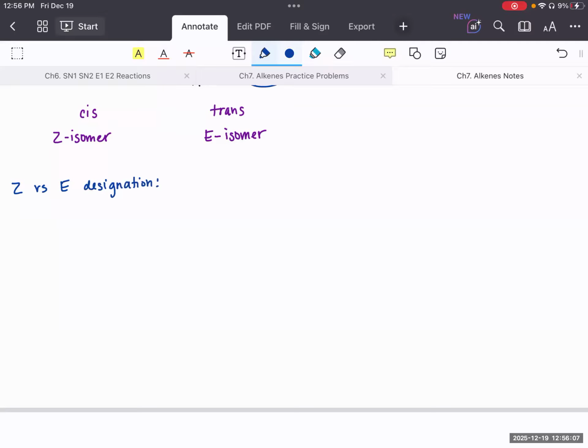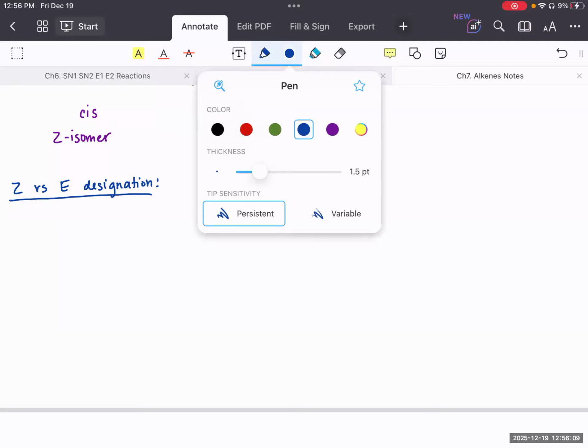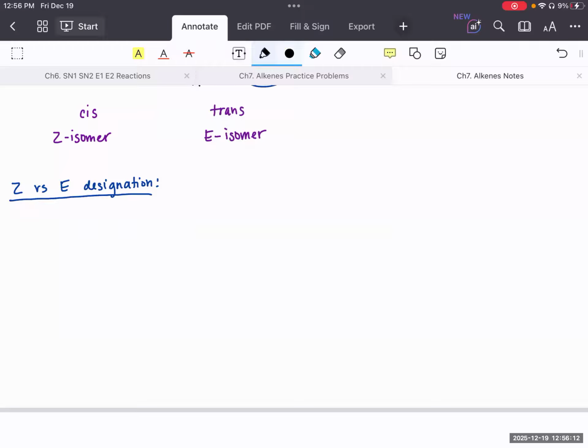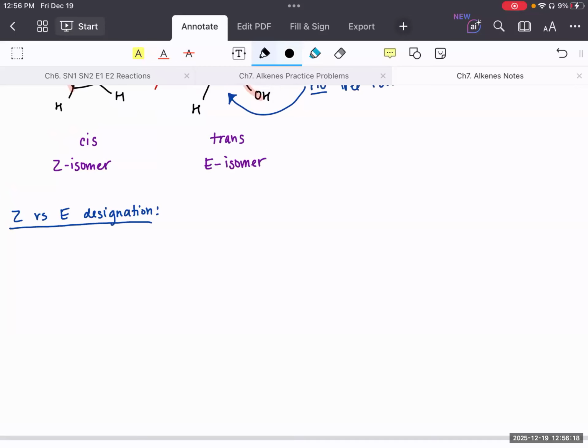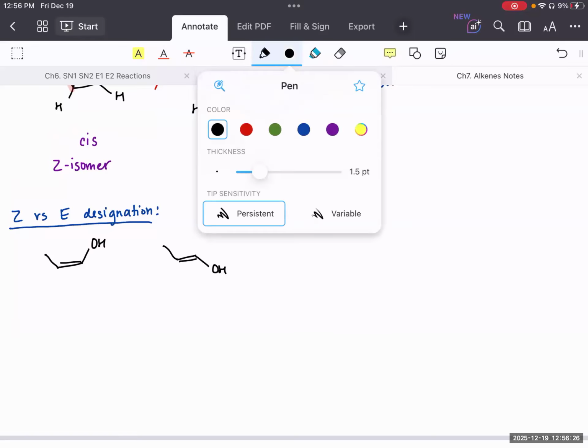Because a lot of courses will ask you to name or to draw an alkene given its Z or E designation. And so I'll just go through a few quick examples of what those look like. So let's just redraw those ones that we just drew in. And then what I'm going to do is add in a few more examples here.